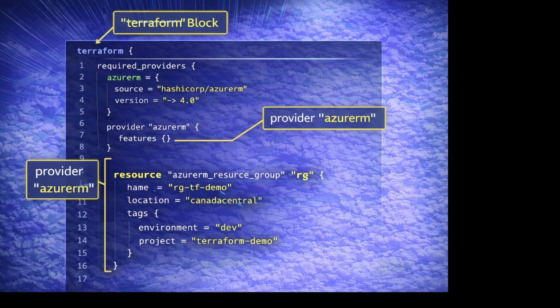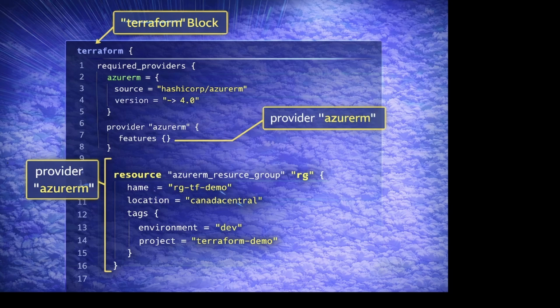Let's quickly understand what each part does, not deeply, just conceptually. The first one is the Terraform block. Here we are telling Terraform which provider we want to use, where to download it from, and which version range to use.